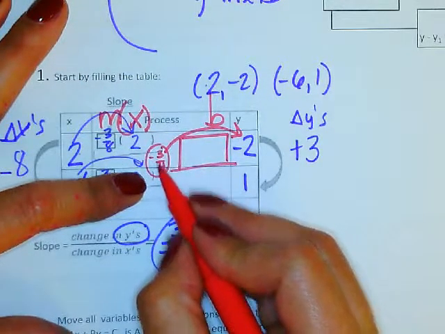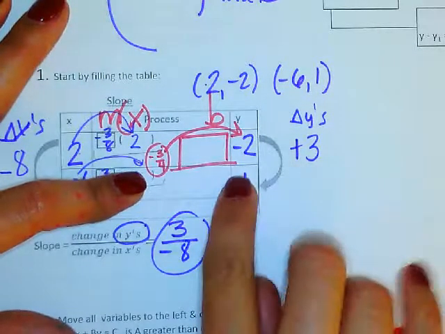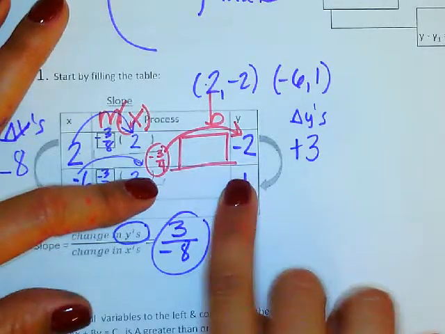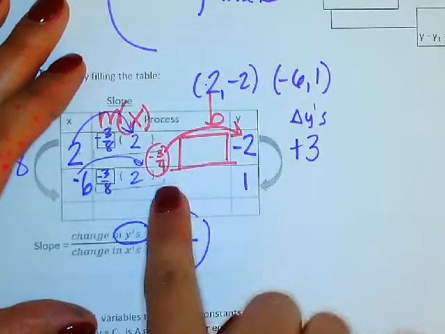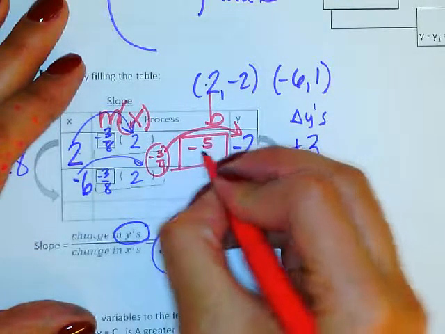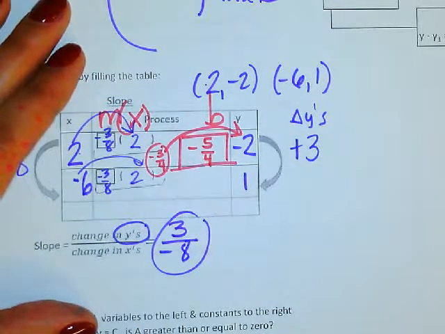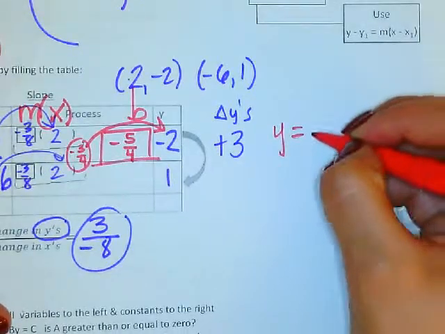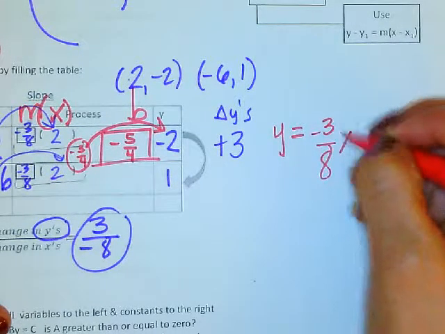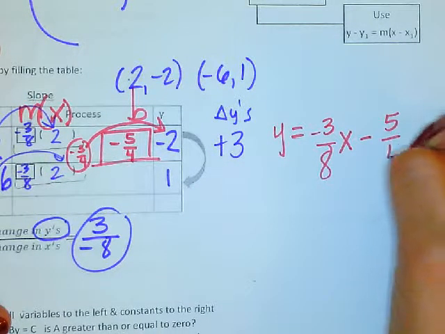So from -3/4 to -2, again, if you don't know how to do it mentally, you put it in the calculator. -2 minus -3/4, and you should get -5/4. So I'm going to rewrite this here as my equation: y = -3/8x minus 5/4.